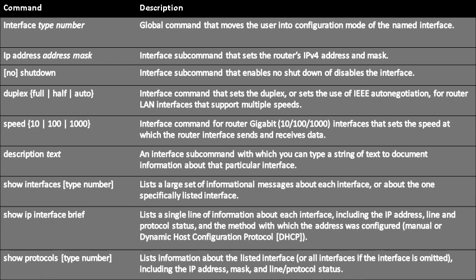Show protocols type number lists information about the listed interface, or all the interfaces if the interface is omitted, including the IP address, the mask, and the line and protocol status.